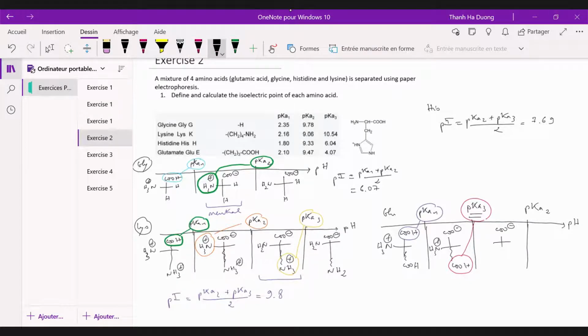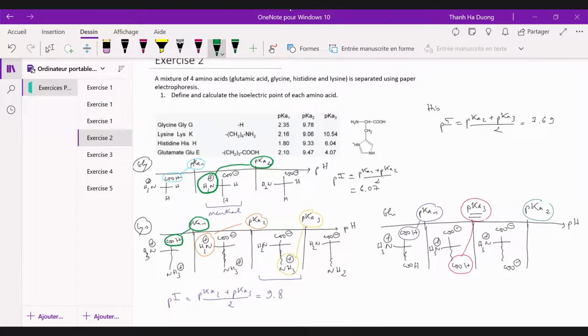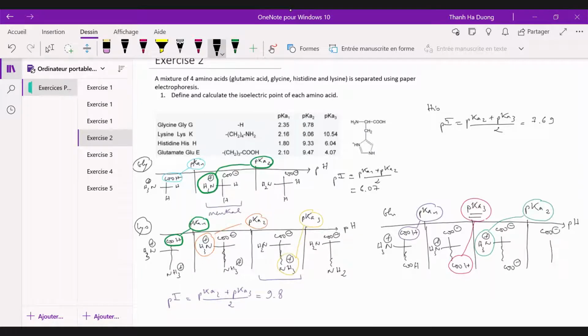So I deprotonate it, it becomes negatively charged. And the last one, this one, corresponds to the amine. So I will have these molecules.